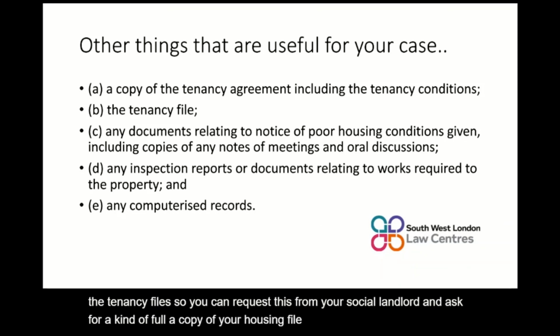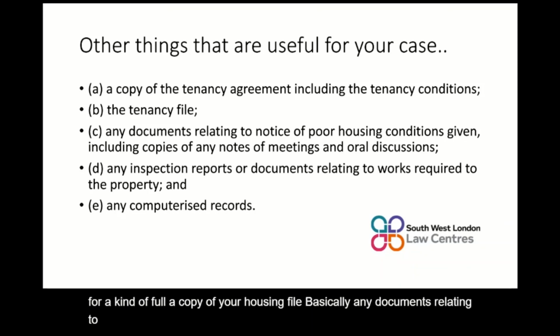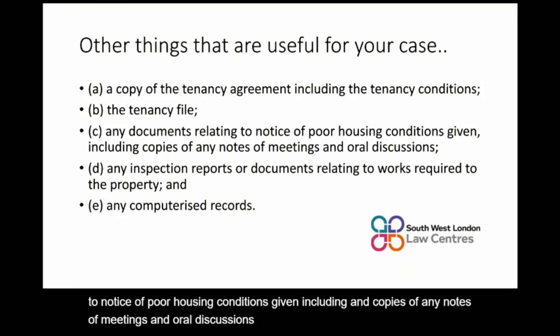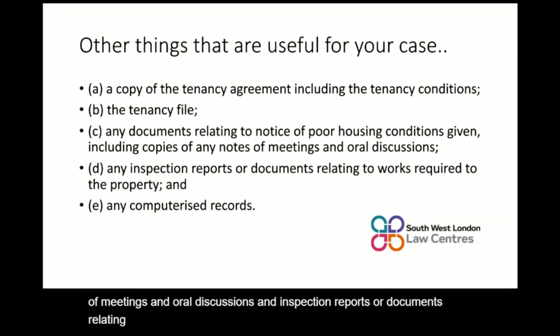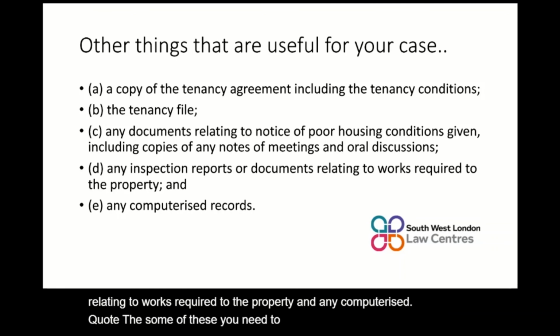Any documents relating to notice of poor housing conditions given, including copies of any notes of meetings and oral discussions, and inspection reports or documents relating to works required to the property, and any computerized records. So some of these you'd need to request from your landlord.